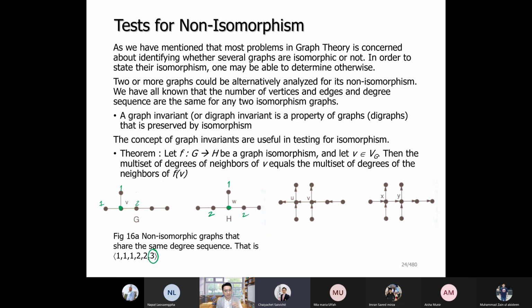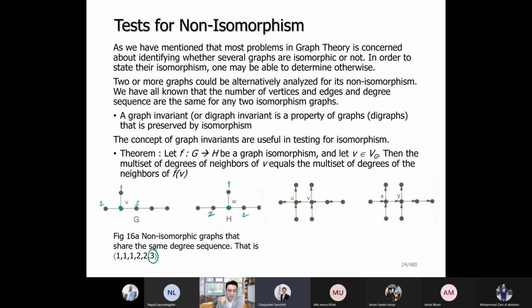You see that V and W must be mapped to each other, because this is the only node that has degree 3. So if we want a bijection, V and W must be mapped to each other because they are the only degree 3 nodes. But the neighbors of V and the neighbors of W didn't provide the invariant property, because the neighbors of V have degrees 1, 1, and 2, and the neighbors of W have degrees 2, 1, 2.